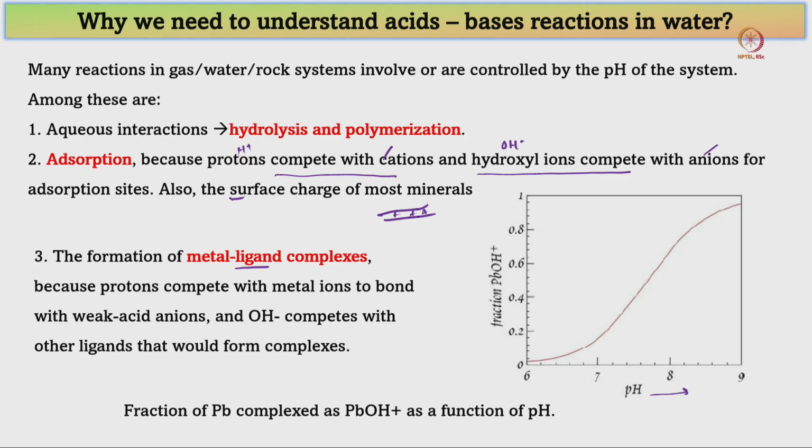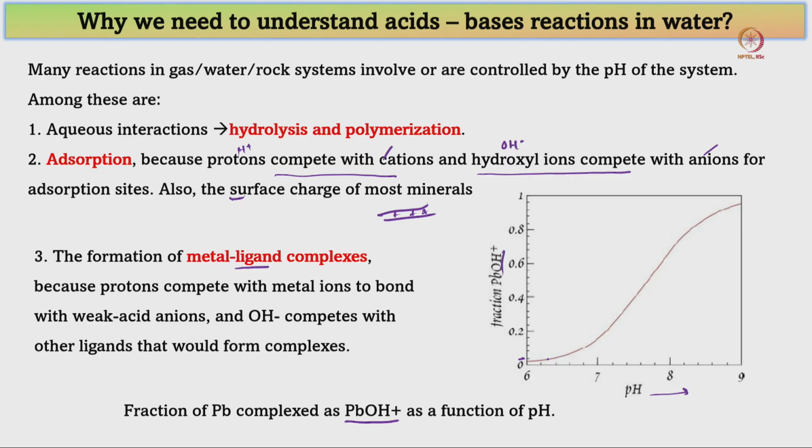Okay. So, the fraction of lead complexed as lead hydroxide is a function of the pH. If the pH is low, of course, the OH- concentration will also be low, and so the fraction of PbOH+ will also be low. As you increase the alkalinity, the OH- ions' occurrence increases, and the occurrence of PbOH+ ions will also increase.